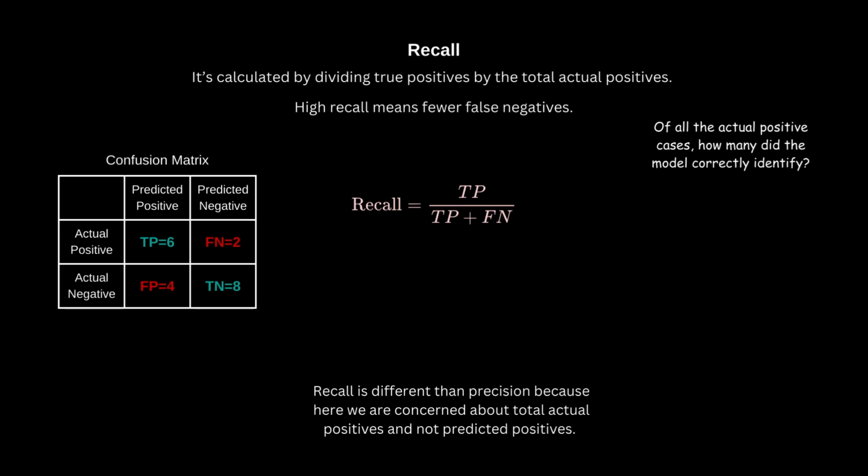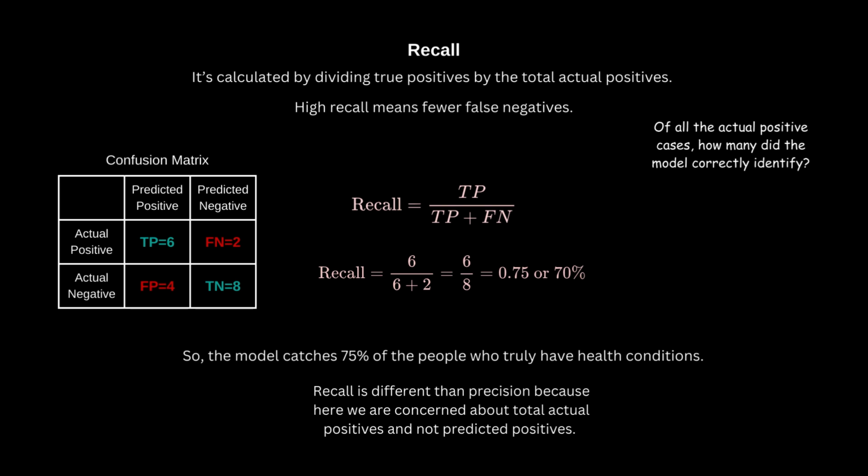This is different than precision because here we are concerned about total actual positives and not the predicted positives. So for our example, recall would be 0.75 or 75%. So the model catches 75% of the people who truly have health conditions.